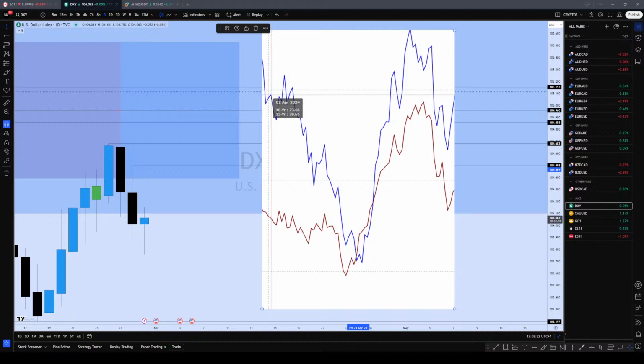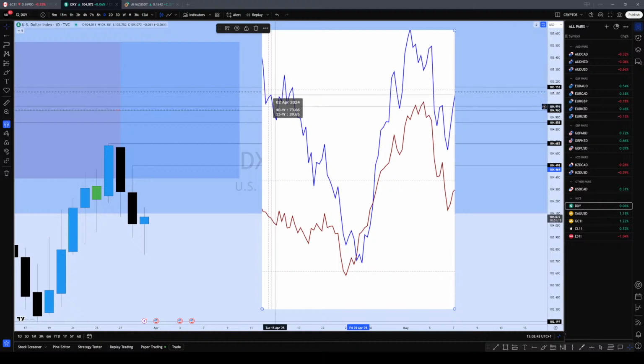Because of the nature of how I personally look at price, I take into consideration the seasonality. So here you can see we have the month of April, right?